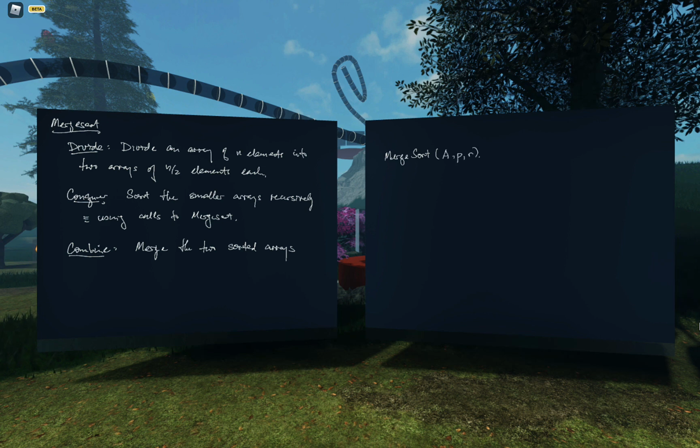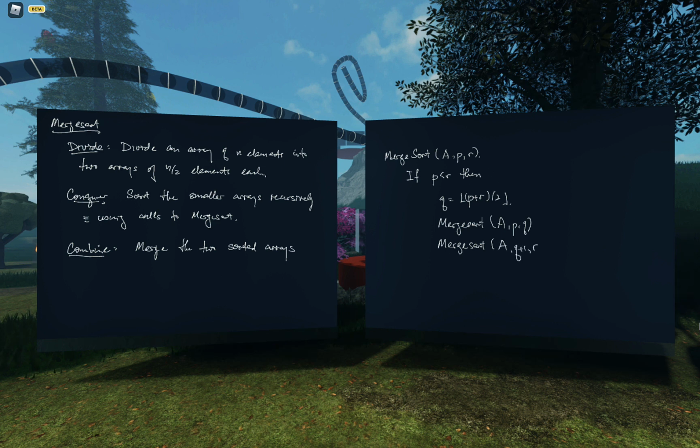Okay, so merge sort, I'm going to write down the algorithm. If P less than R, then we have Q equals (P plus R) over 2. This is finding the midpoint. You're going to call merge sort on A, P, Q. I'll explain what these are in a minute, but I need to write this down so that it's all there.